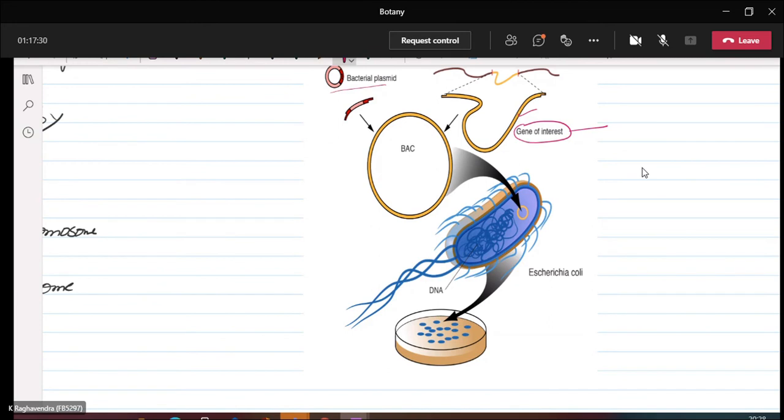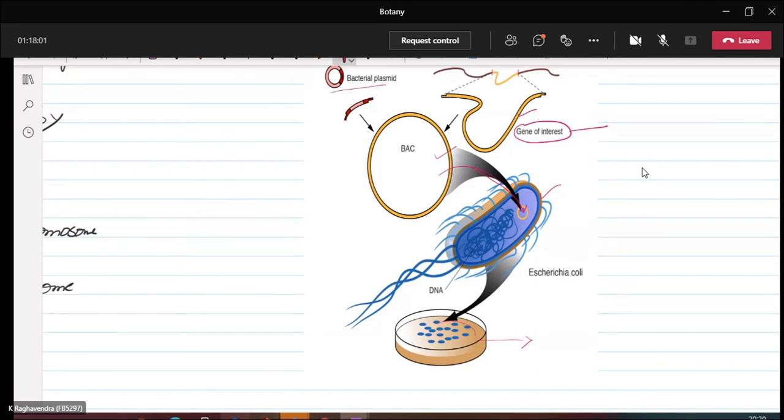Now this bacterial plasmid along with the gene of interest is called a bacterial artificial chromosome. This is inserted into E. coli. Then E. coli is grown on the media, and it will produce many copies. So this is the ideology: the gene of interest is isolated, attached to a plasmid, and inserted into the bacteria.